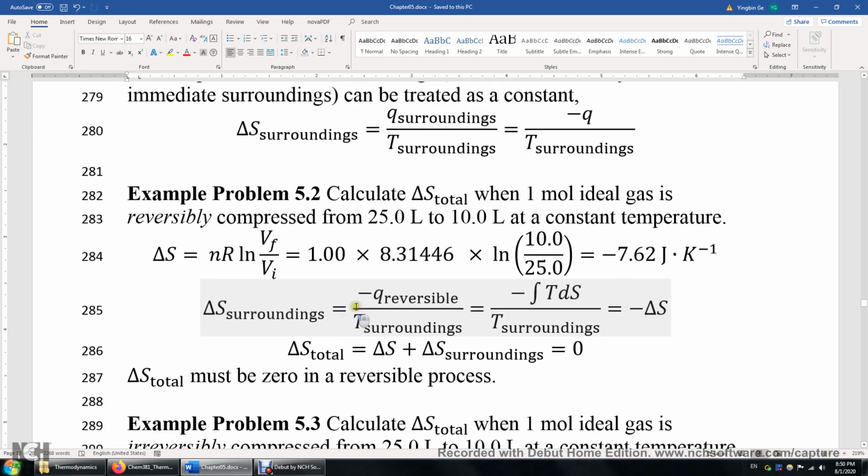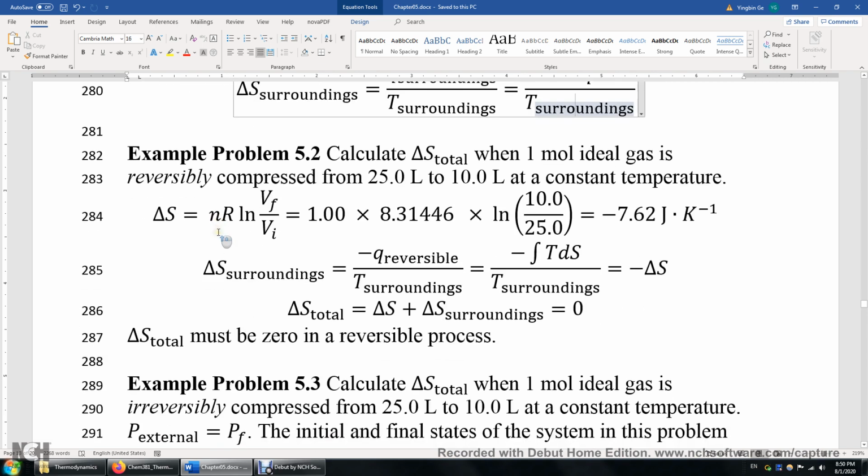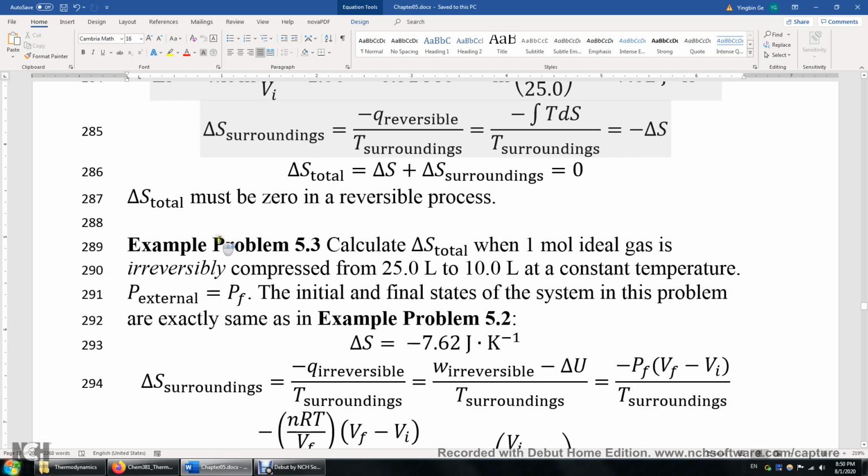Again, we have to use this equation. The entropy change of the surroundings is negative Q over T surroundings. For an isothermal process, T surroundings is equal to T. So negative Q over T is the entropy change of the surroundings. Now let's do the calculation.